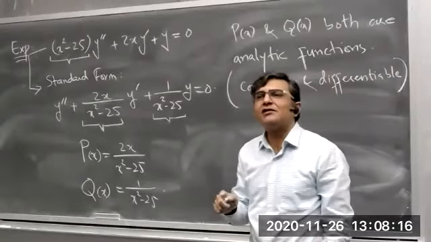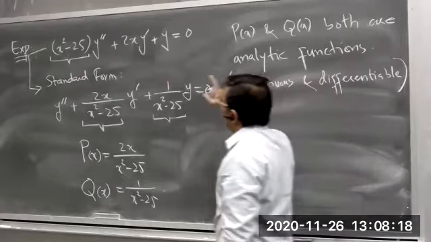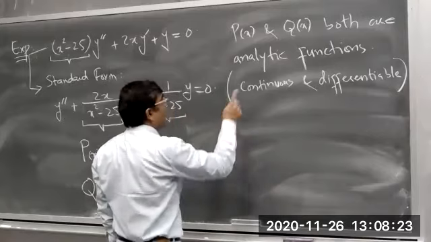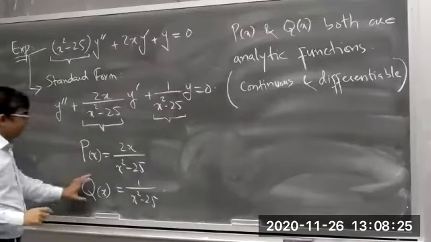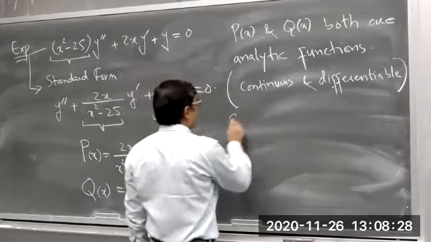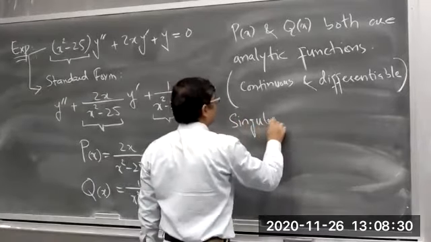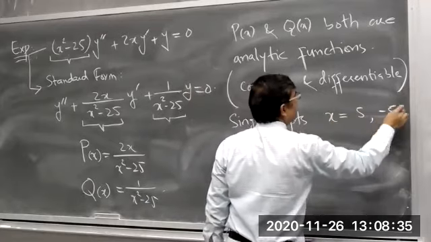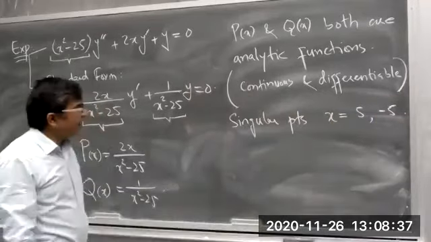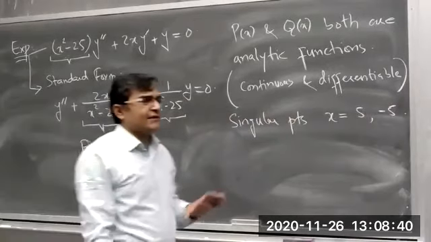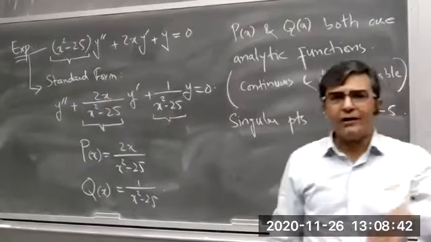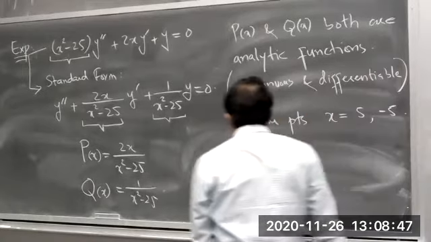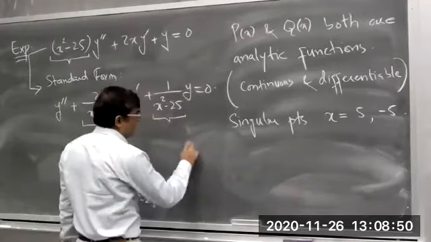If at least one of the functions is not analytic, then we say that that point is a singular point. So the singular points here for P of x and Q of x are plus minus 5, that is, x is equal to 5 and minus 5. Now further, we need to check whether these singular points are regular singular points or irregular singular points. In order to check regular singular points, what do we do?